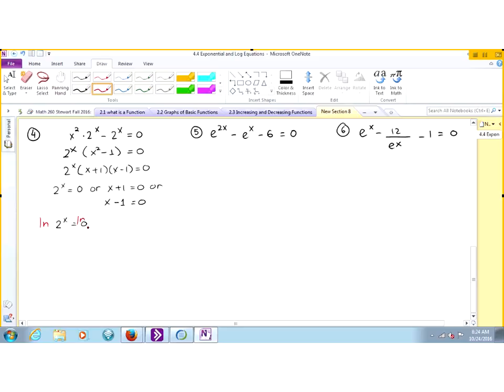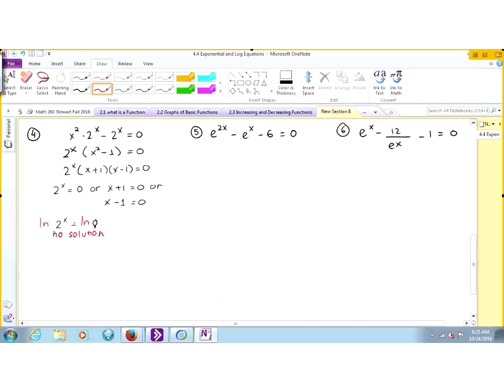What is the domain of log? Remember the graph of the log function? 0 to infinity. Does it include 0? No. So there is no solution here, right?